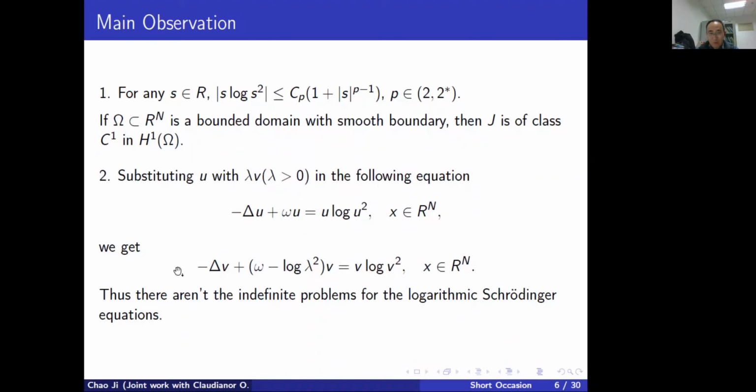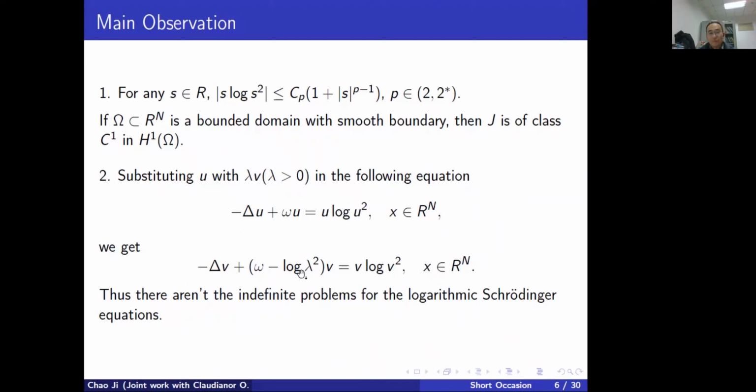In fact, we get lambda times this function equals lambda times this function. Because lambda is positive, we can cancel lambda and get this equation.